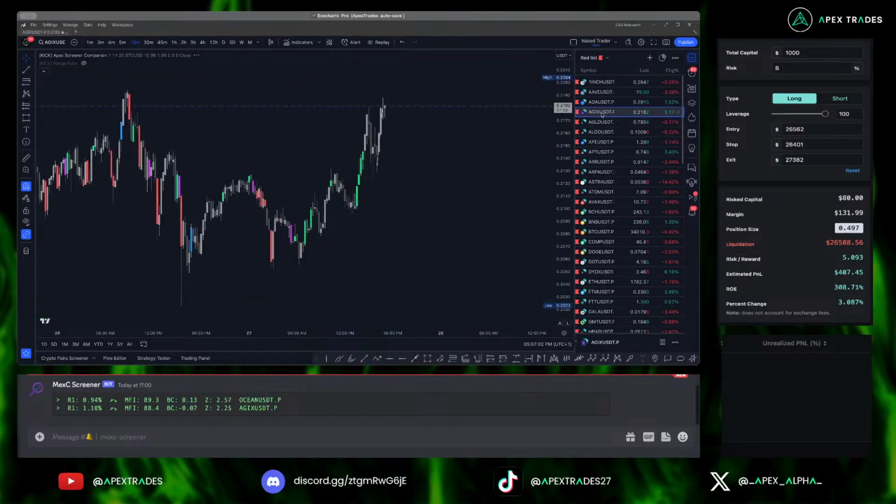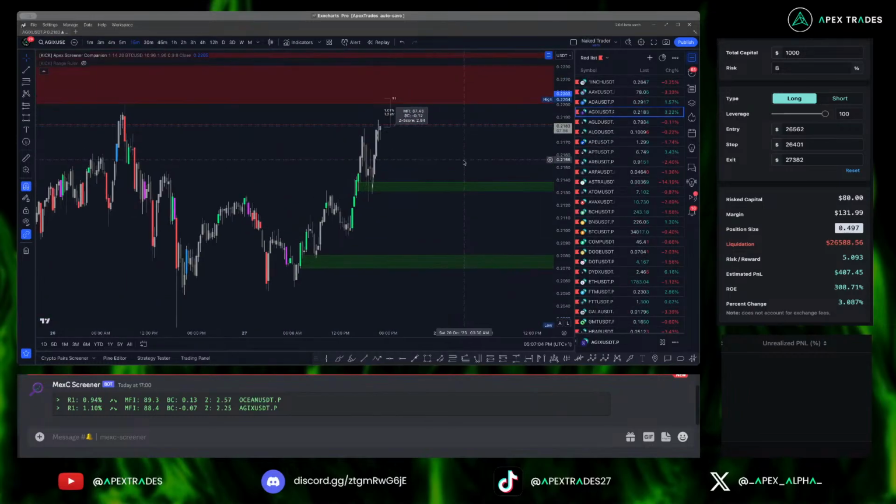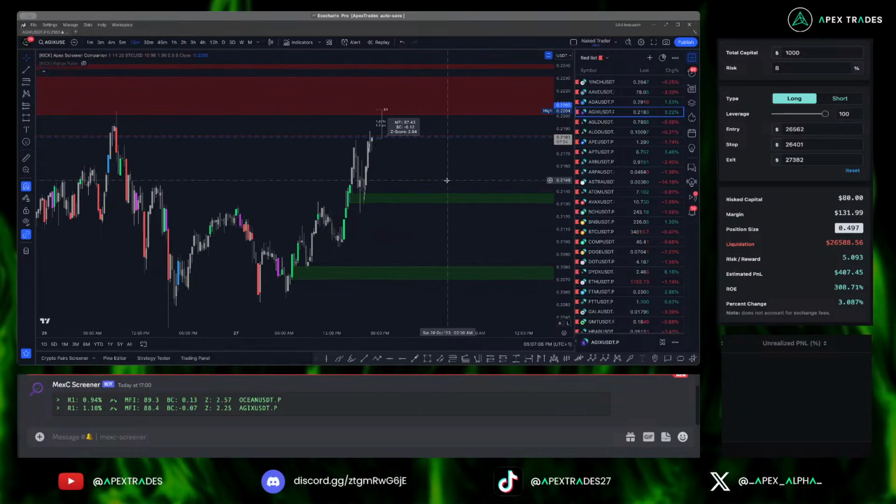Let's go back to the Ajax again. Ajax is starting to make a nice little move up again now. Getting closer to R1. Right, so this tagged it here. Let's see what it does.